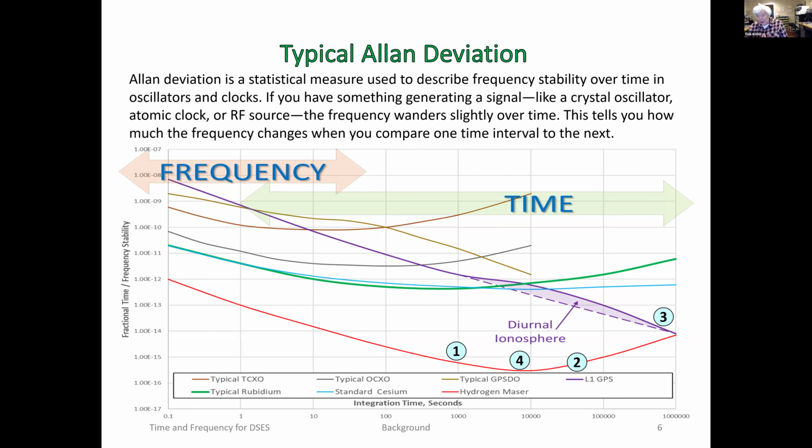Now, the exception is that purple line running in a fairly straight line that gets better and better and better and never gets worse, like the oscillators. Well, that is a GPS signal, not a GPS disciplined oscillator, but a GPS signal. The 1 PPS or whatever that's coming out of that GPS receiver. And why does it always get better?